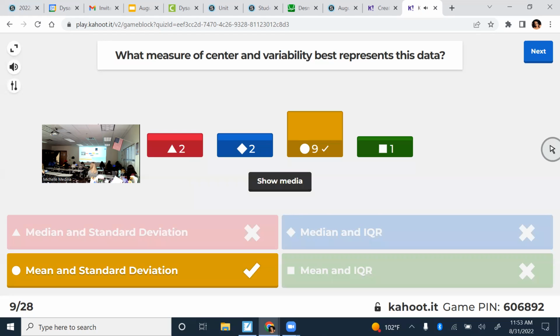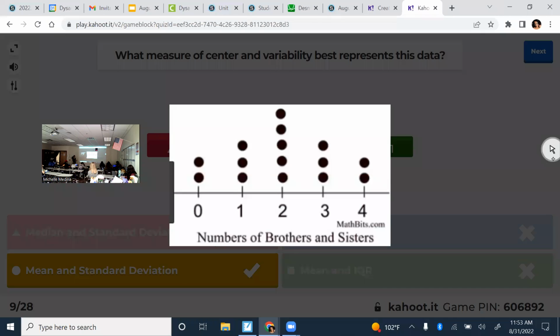So, looking at the data, how would you describe it? Bell shape? Anything else? Symmetrical. Things that are bell shaped usually are also symmetrical, or at least mostly symmetrical. So with that being said, when data is symmetrical, what's the better measure of center? Mean. And then the best measure of variability when it's symmetrical? Standard deviation.